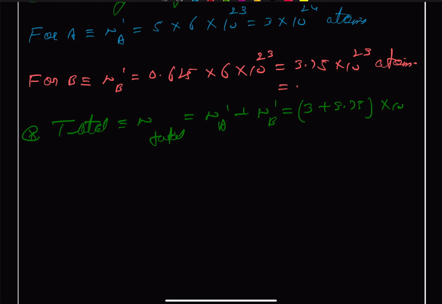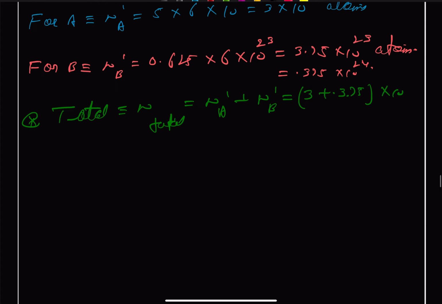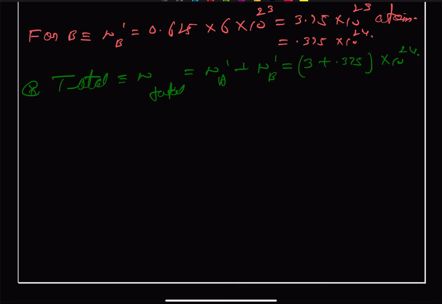This becomes 0.375 into 10 to the power 24. So therefore we can write this as 3 plus 0.375 into 10 to the power 24. This gives us 3.375 into 10 to the power 24 atoms.